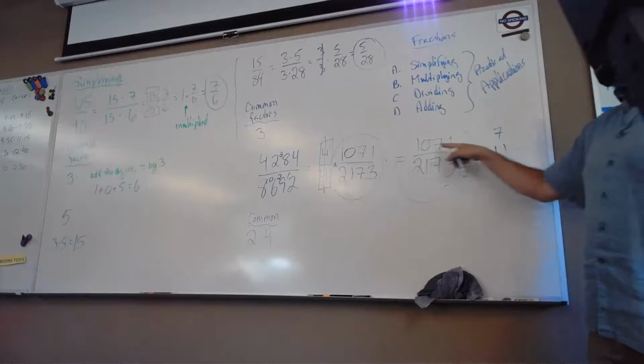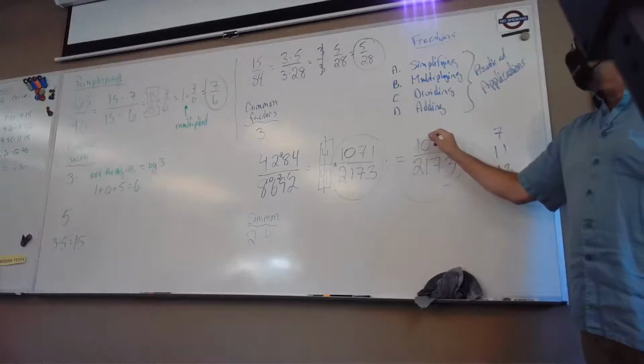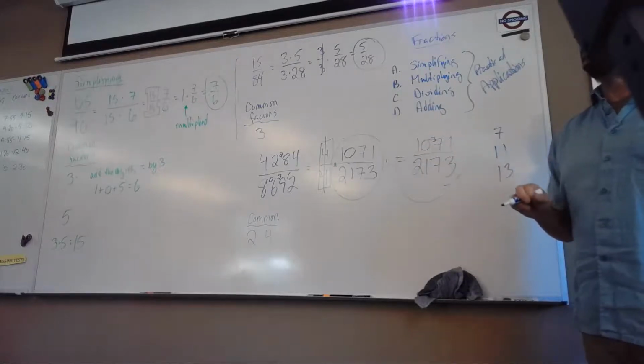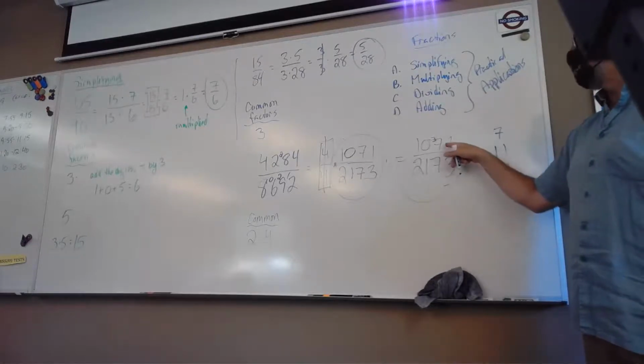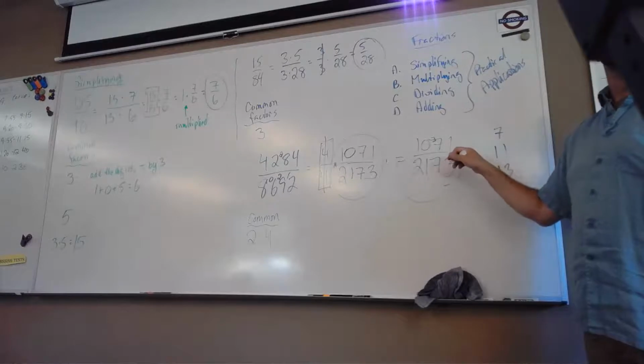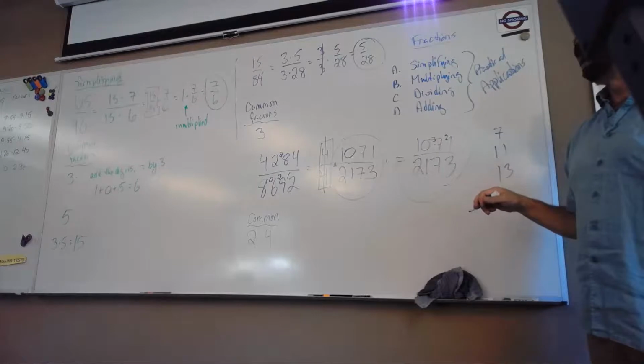We could check. 7 goes into 10 how many times? Remainder? 7 goes into 37 how many times? How many? 5. Remainder? 7 goes into 21 how many times?